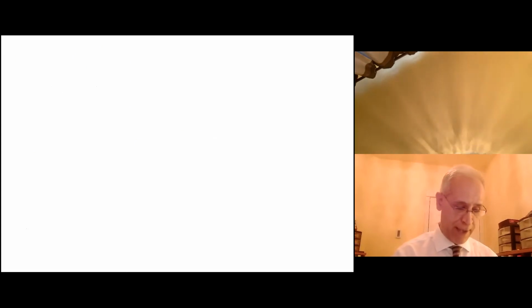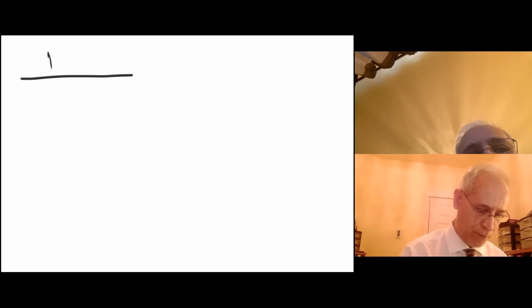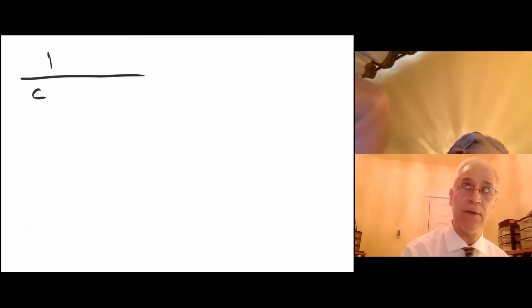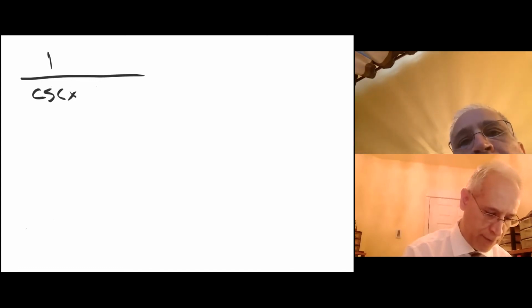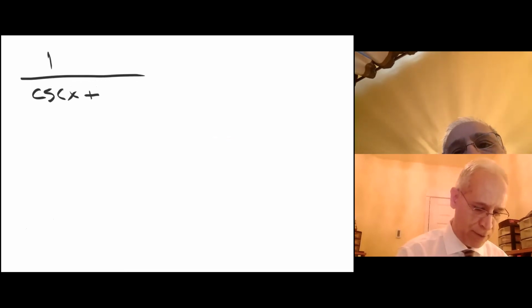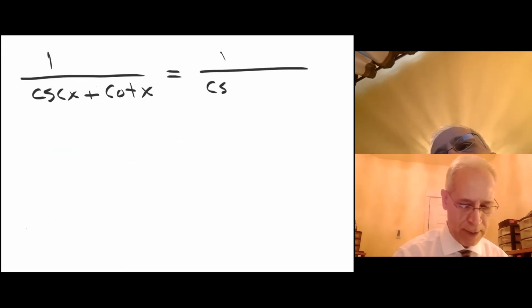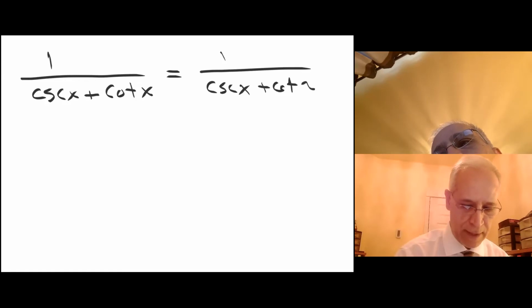And so now I have 1 over, I had 1 over sine of x in here, which is cosecant of x, plus I had cosine of x over sine of x, that is cotangent of x. Cotangent of x equals, yeah, in the beginning I had 1 over cosecant of x plus cotangent of x.